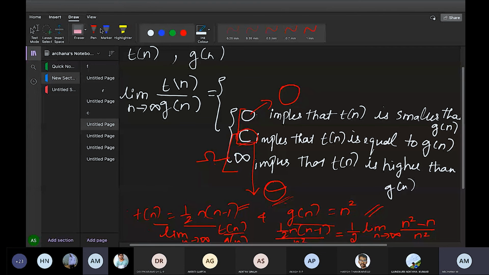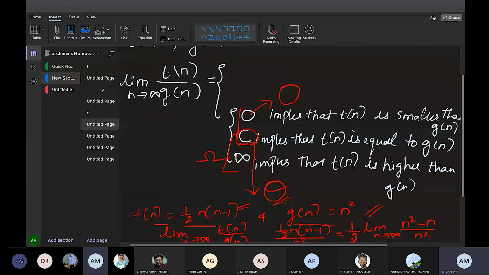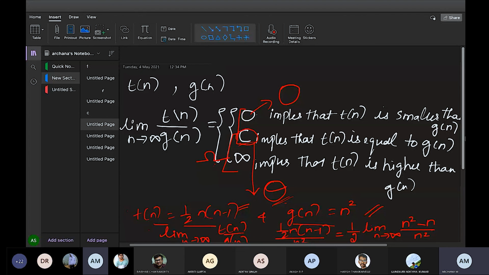We can write it as 1 minus 1 by n. So when you take n square as a common thing, what you'll get is 1 minus 1 by n.